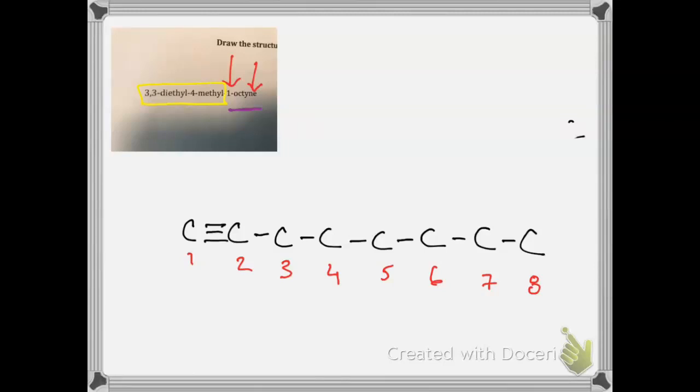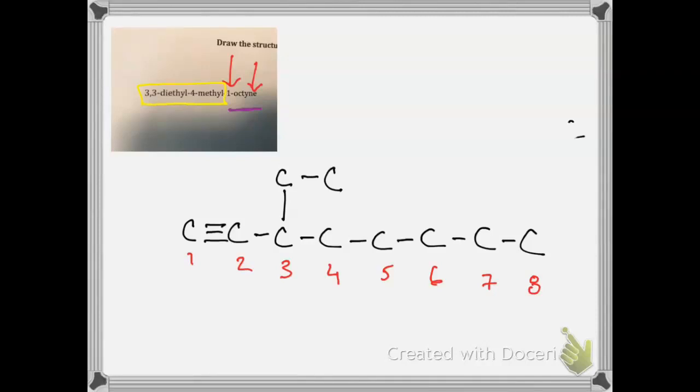And so we've got 2 ethyl groups corresponding to the diethyl. They're both at position 3. So first we have to figure out what an ethyl group is. And according to your hydrocarbon prefix guide, that's something with 2 carbons. So what that means is on carbon 3 we're going to put a chain of 2 carbons.